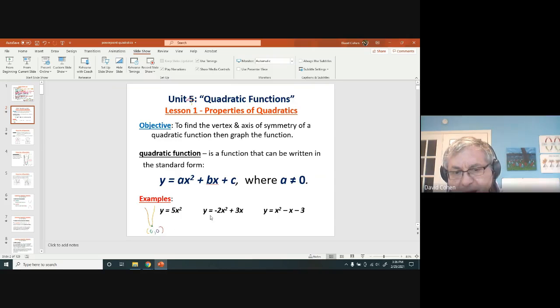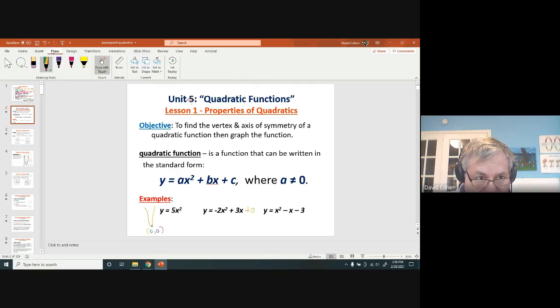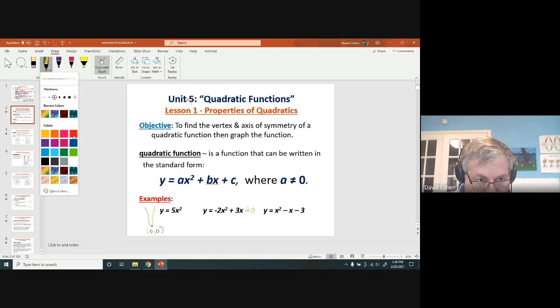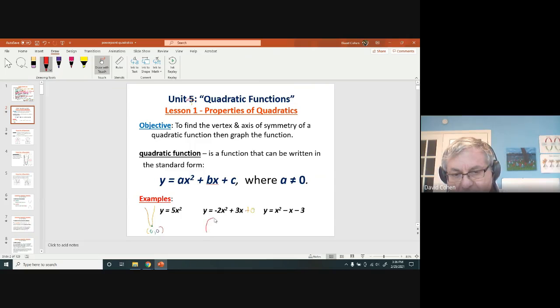Here, I have no y-intercept shown, which really means that the y-intercept is 0. And let me pick another color that you can actually see. Red works. So when we have that, the y-intercept is going to be at y equals 0, and that'll be its minimum.